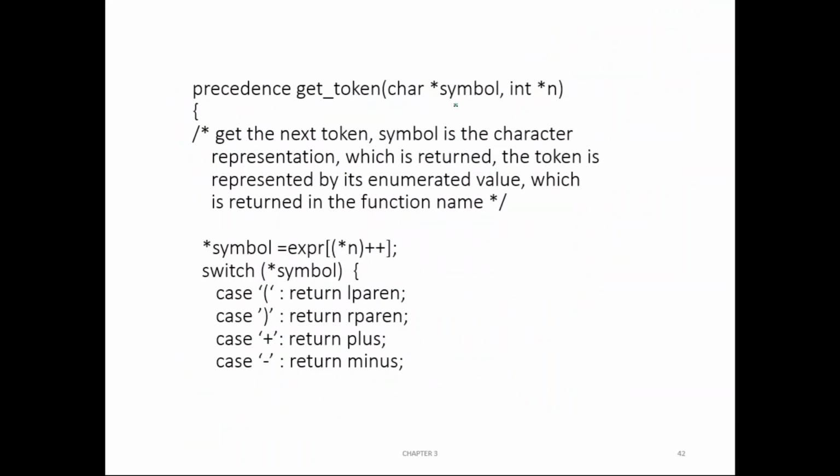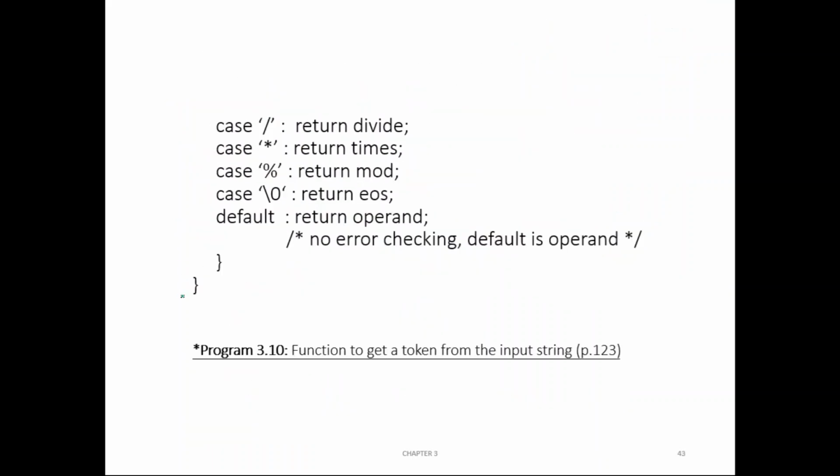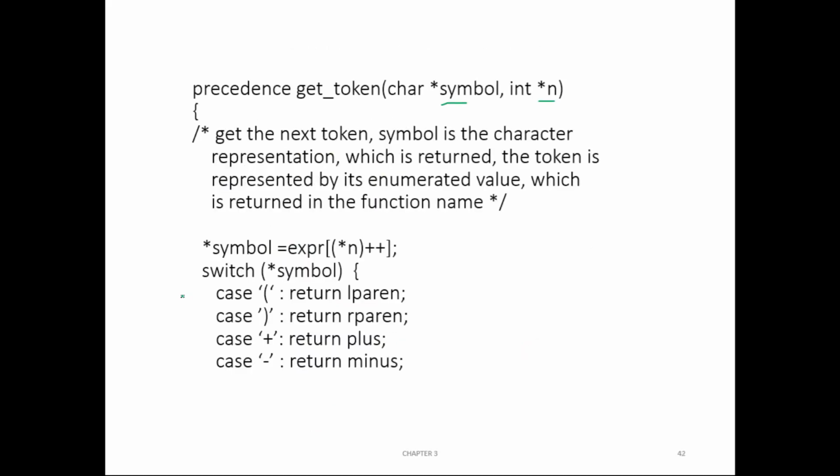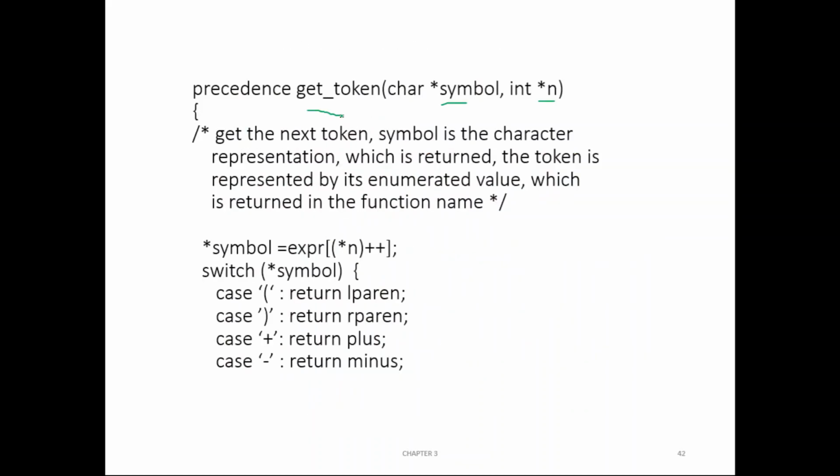It takes two pointers, symbol and n. But these are local variables. This symbol and n are applicable only for the function eval. Similarly, here also there is a symbol and n that are applicable only to the function getToken. So it's not that both are the same.